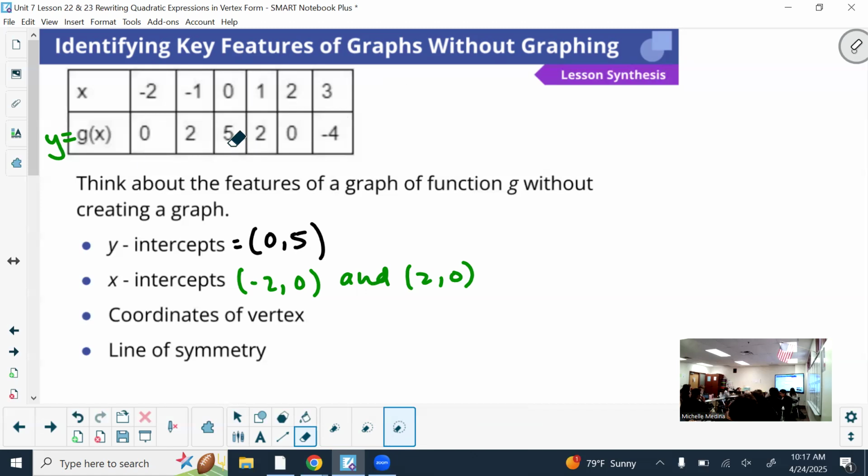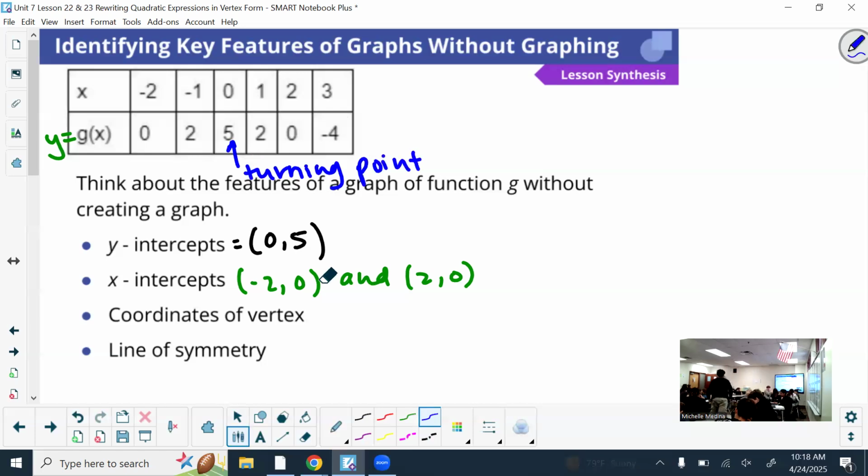Here. So you can see it mostly in the y's, because your x's are independent, you can pick whatever x values you want to look at, but the y's are dependent, and the y's are really where you see repeating numbers. So you see that it goes increasing and then it starts decreasing. So that right here is my turning point.